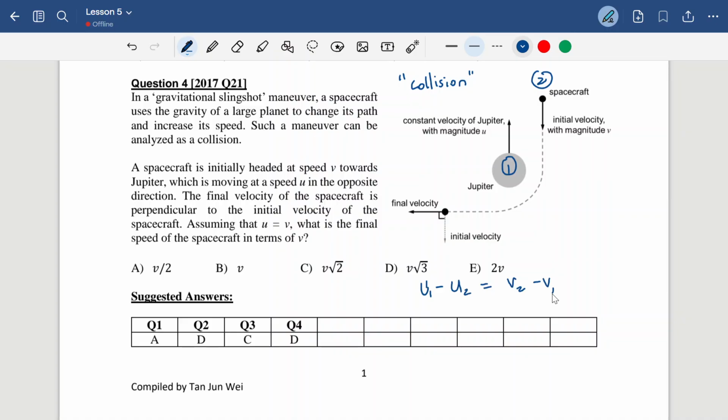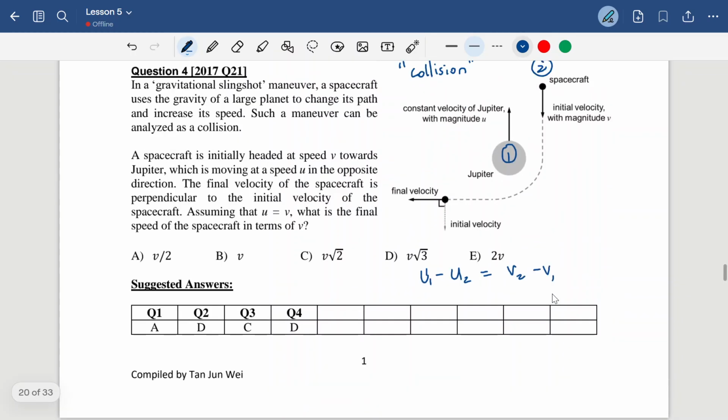The thing about Jupiter is that its velocity at this point is constant, it's just moving in this direction. So the relative speed of approach is going to be 2V, because U equals V.